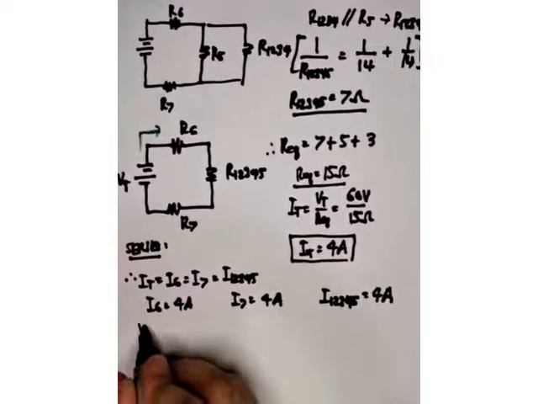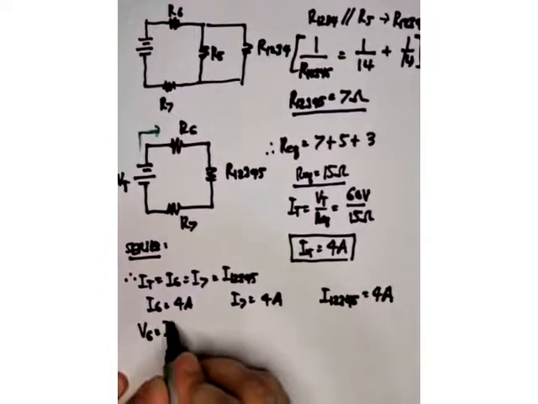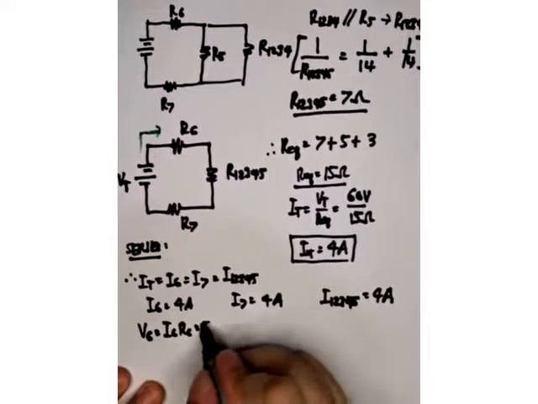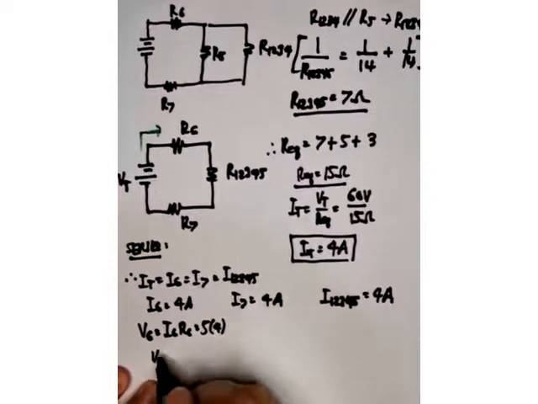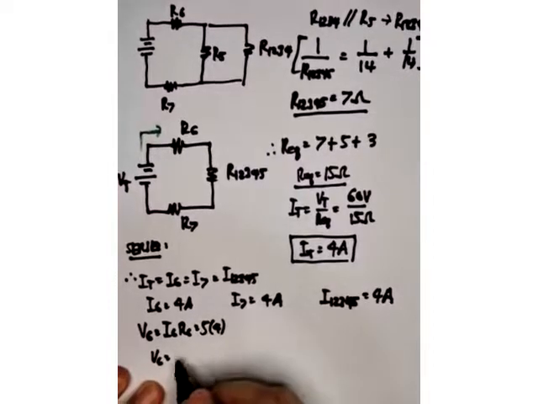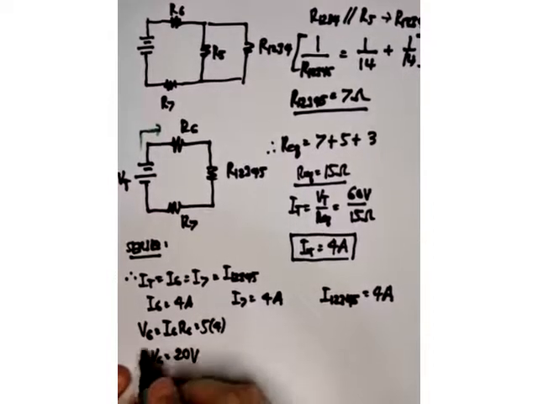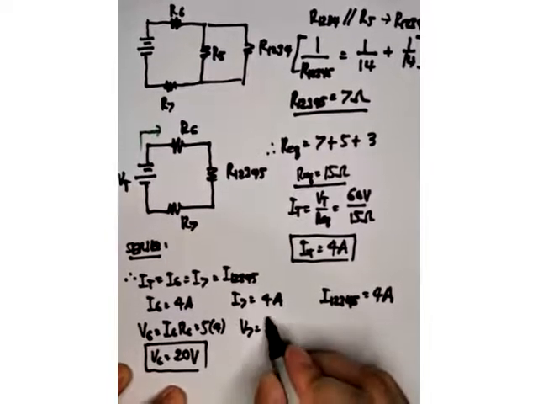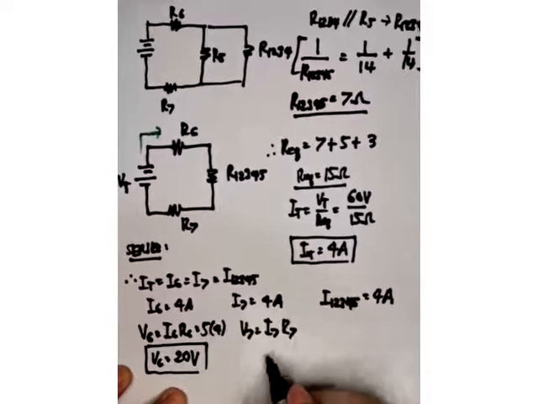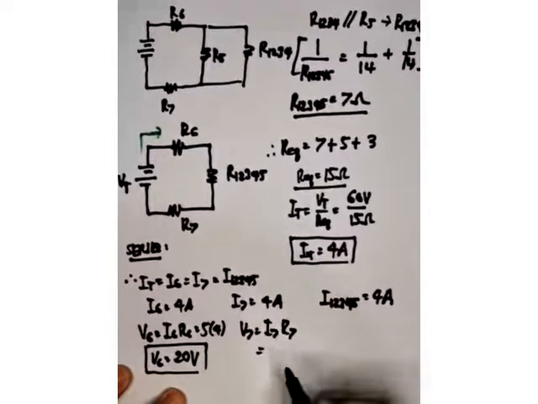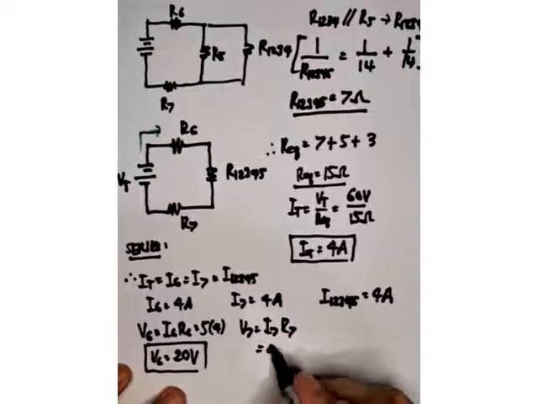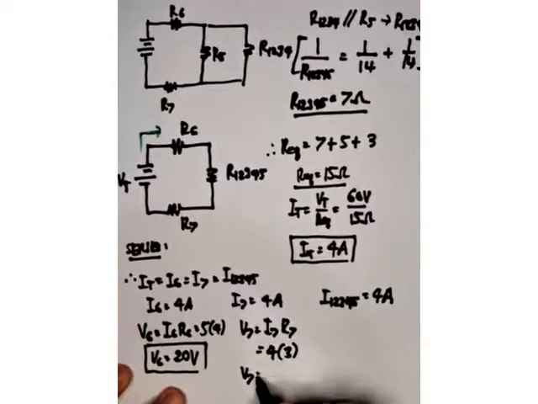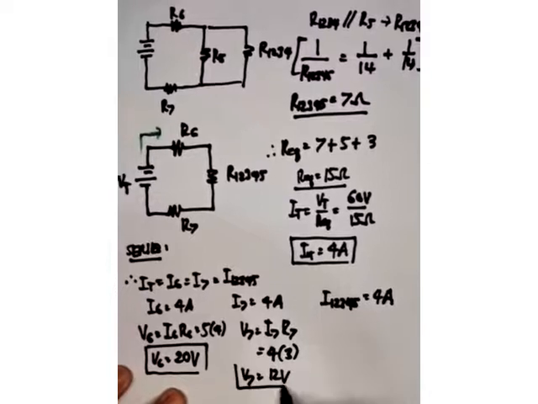Now I need the voltages. So V6 is I6 R6, which is 5 times 4. V6 is 20 volts. How about V7? V7 is I7 R7, which is 4 times 3. So V7 is 12 volts.